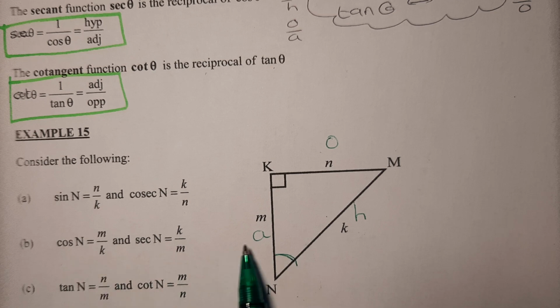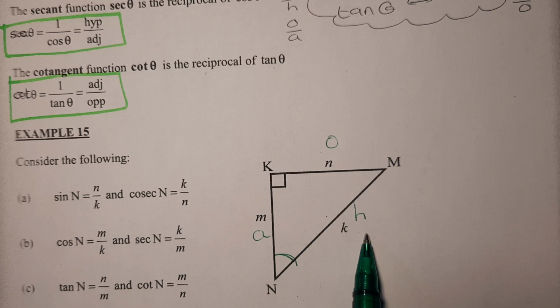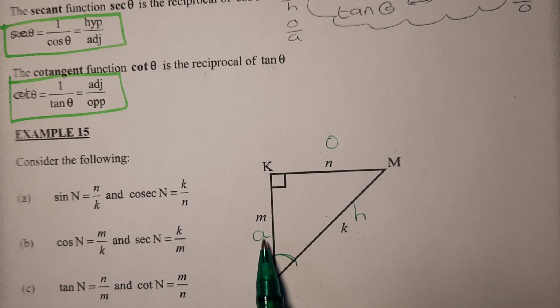If cos of n is cos is adjacent over hypotenuse. So if cos of n is m over k, then sec of it will be the inverse, the reciprocal, which is k over m.